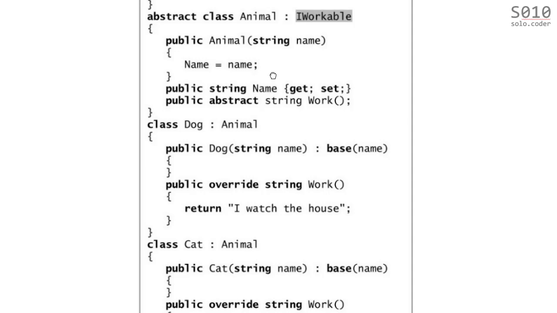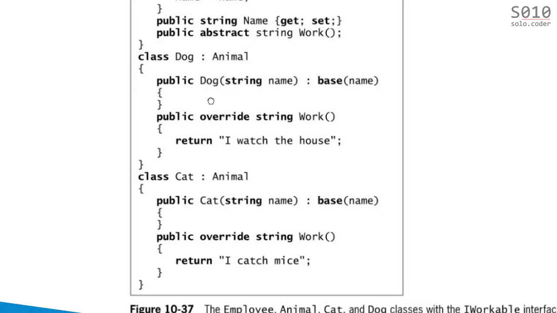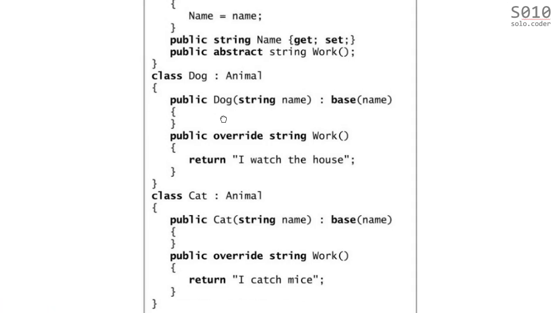It's just saying, hey, I know iWorkable, I know that you want me to implement work, but I'm an abstract class. So I'm going to make this work abstract as well, and I'm going to let my children be the ones truly implementing work, which we have dog implementing here. I watch the house, and cat catching, I think, the mouse, something like that. Okay?